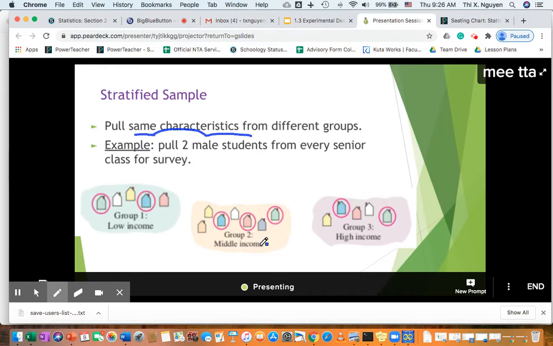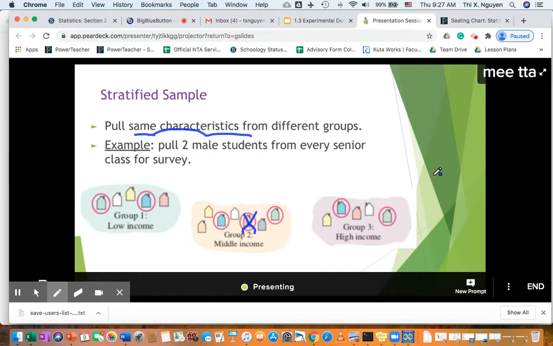Now for group 2, it's a middle income. I'm doing the same thing. I'm pulling this. This should not be here. Okay. Sorry. I should not circle that. I made a mistake on my part. So I should pull blue and mint. Same thing over here for this group. I should pull blue and mint. That is what I mean by pull the same characteristic, but from different groups.